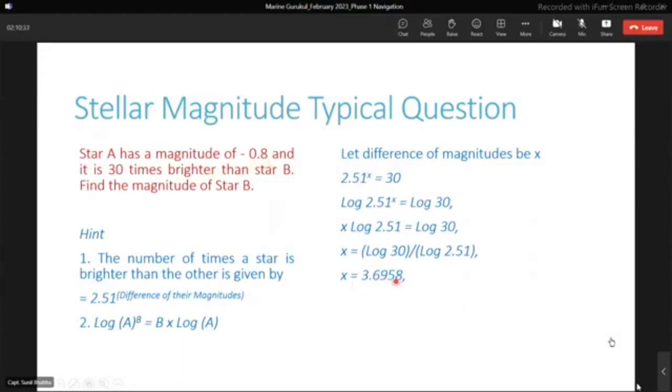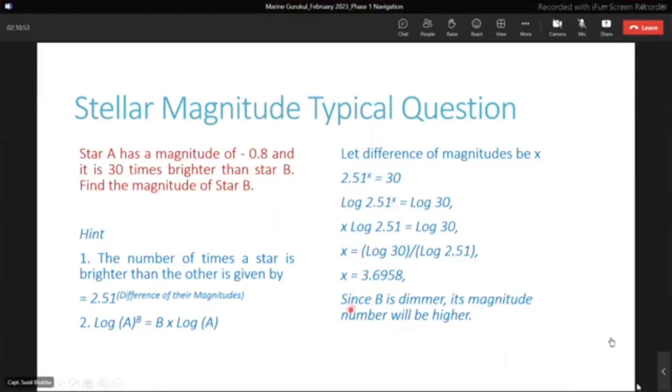The difference is 3.6958. And since star B is dimmer, it is given in the question, star A is 30 times brighter than star B. So this tells us that the star B is a dimmer star.